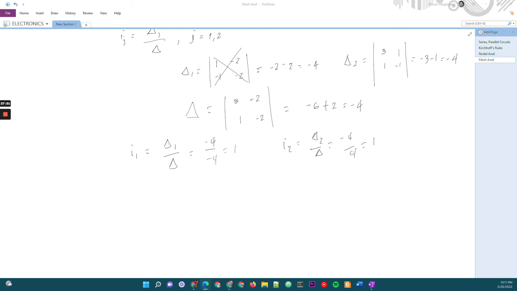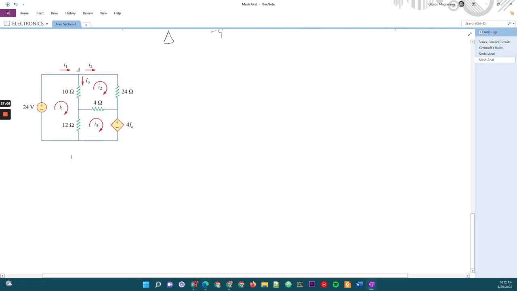Then we'll have another example. Okay, let's take a look at this example. So consider this circuit diagram. So use mesh analysis to find I0 in the circuit.